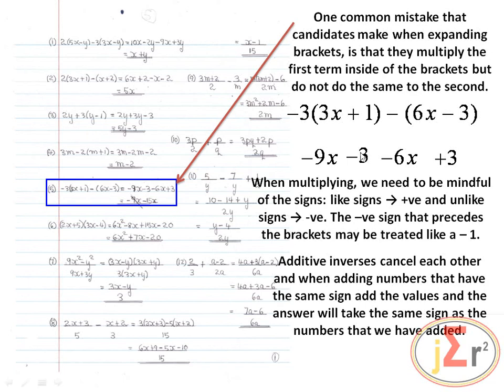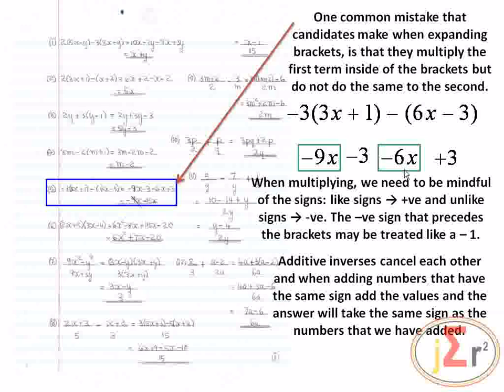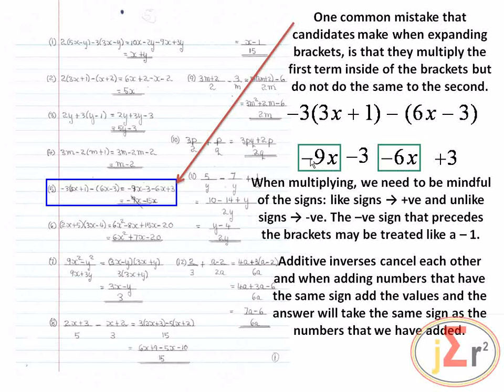So we have right here, we have additive inverses, but we will not add those first. We will add the like terms in x first, and they have like signs, therefore we will add the value 6 plus 9, 15, and the answer will take the same sign as those numbers.